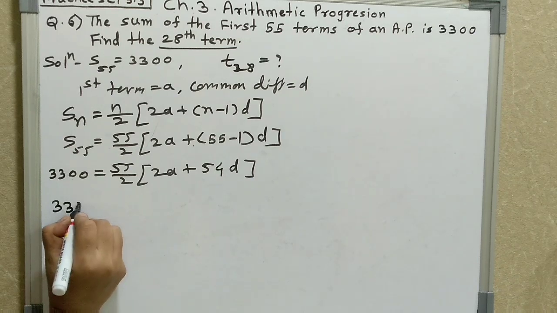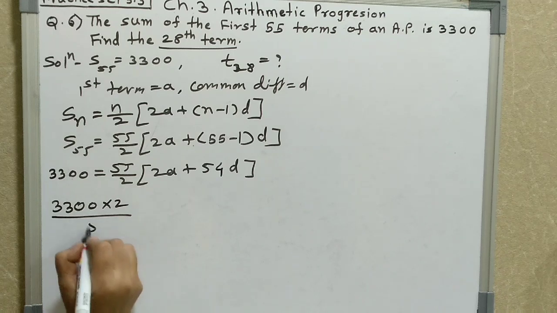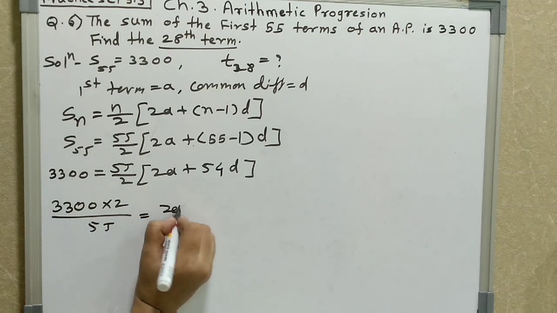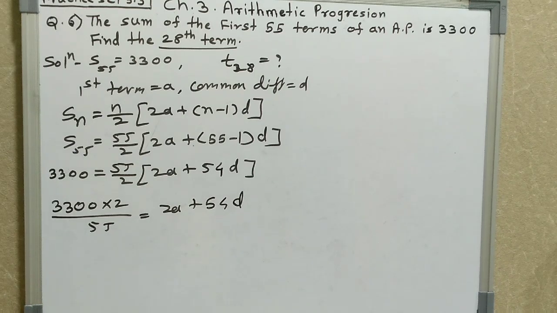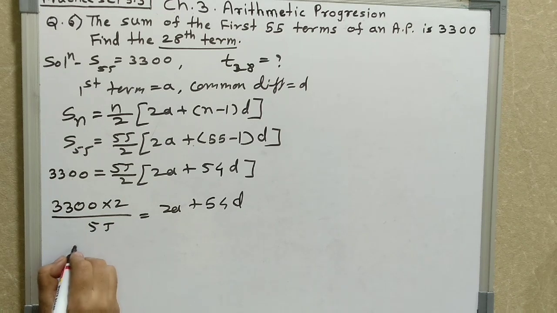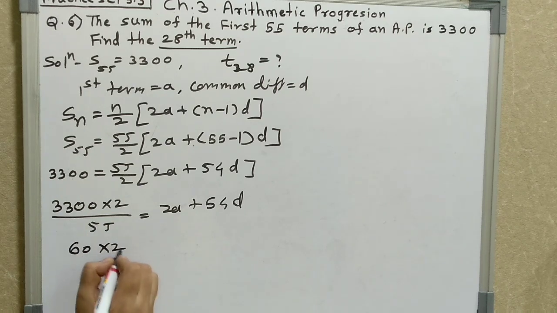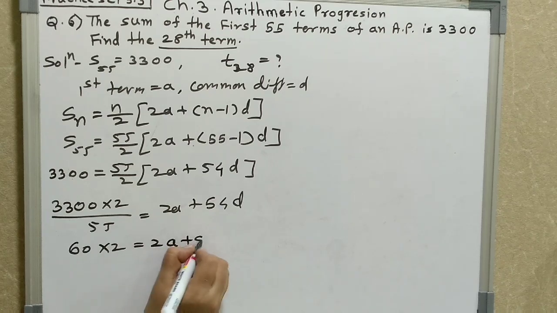So 3300, here divide, that side multiply, so divide by 55, is equal to 2a plus 54d. Simplify this, we get 60 into 2 is equal to 2a plus 54d.